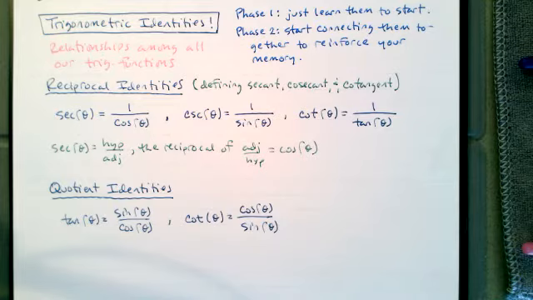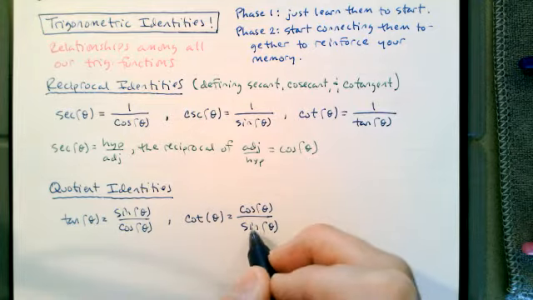A first level, like a zero level way to remember this is that the cotangent has the cosine on top. That's looking at this and kind of memorizing it by form, which is not always good, but it's a start. As long as we move beyond that, then that'll do for now.